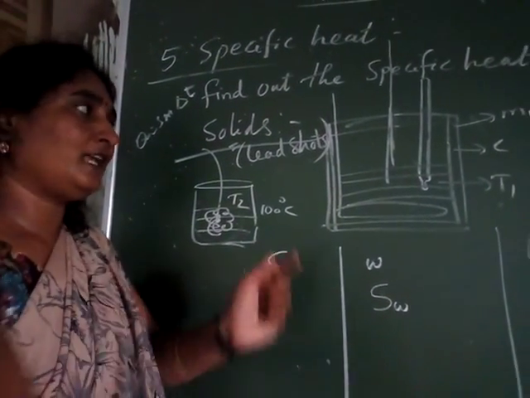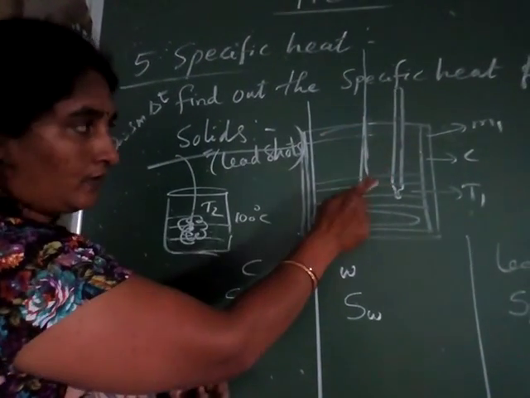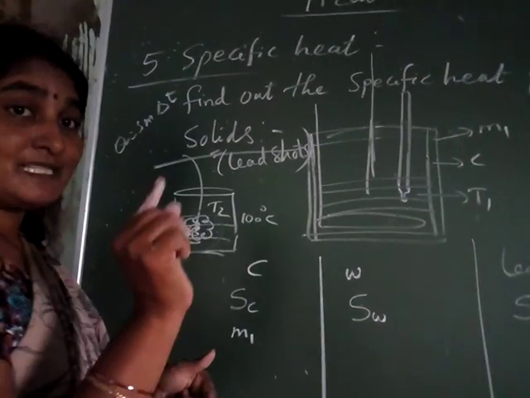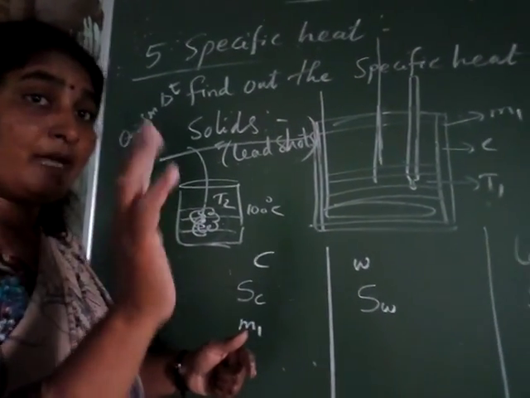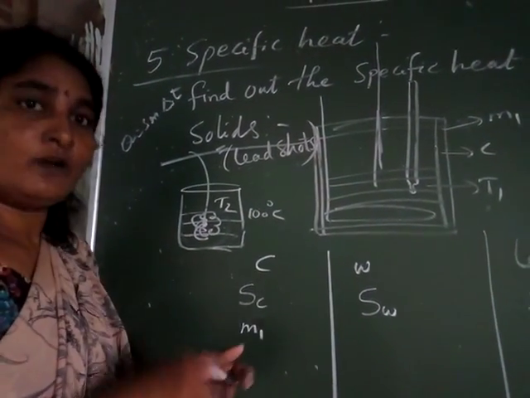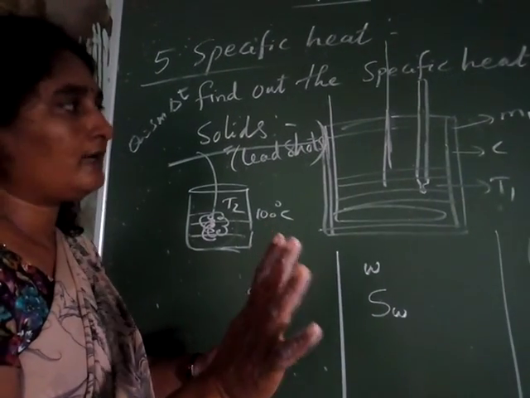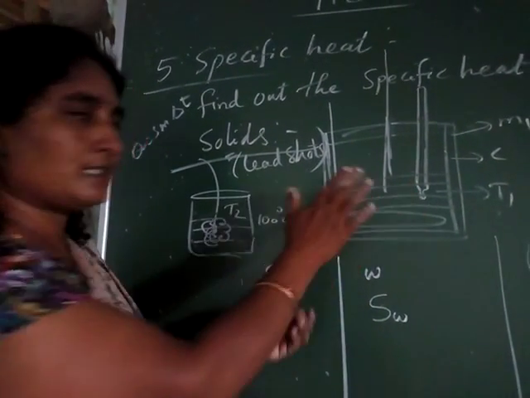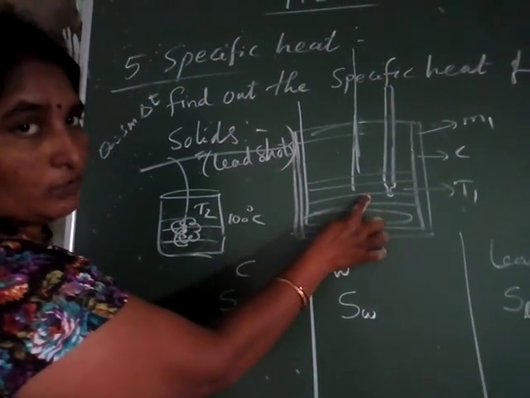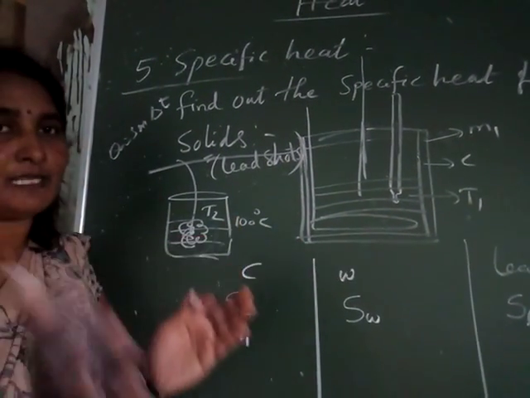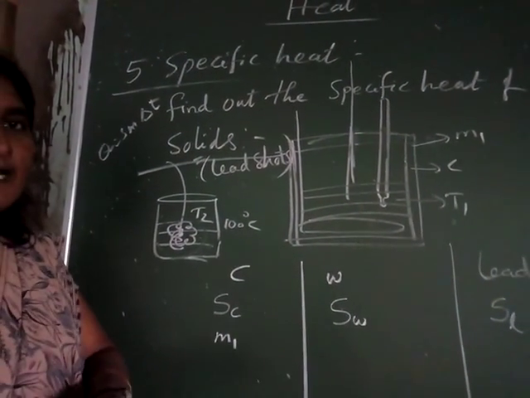Then what happens when you pour it inside the calorimeter? Some droplets may fall outside and some droplets may stay attached to the container. Yes or no? That's why you should not take the water mass separately. When you take water inside the calorimeter, only then you have to measure the mass. Do you understand why?